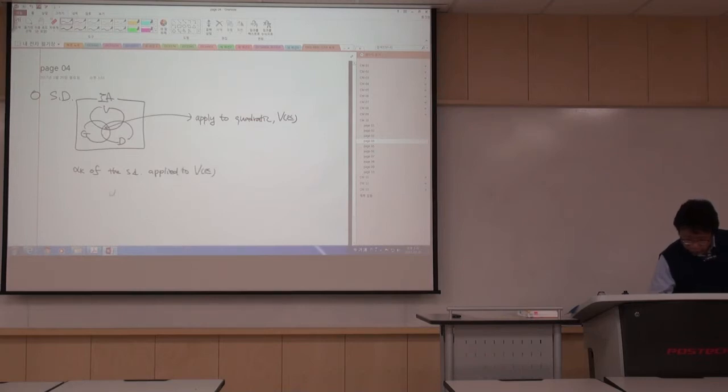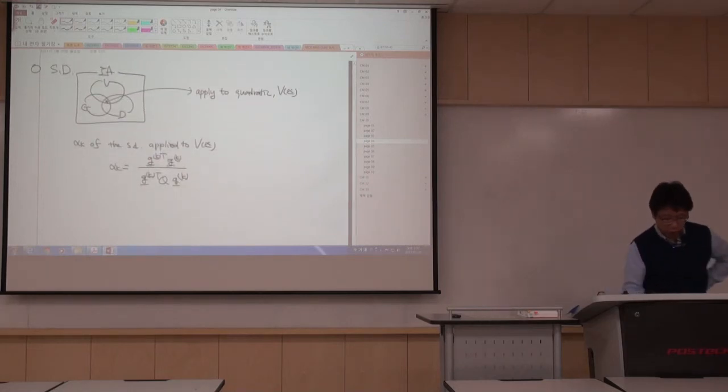What was that? Alpha sub k was given by g sub k transpose g sub k divided by g sub k transpose q times g sub k. Okay? So if you replace it into the algorithm, what do you have?